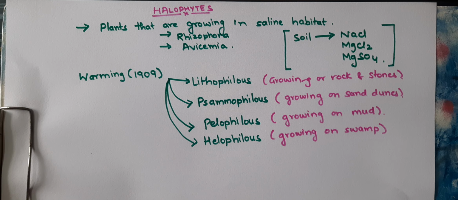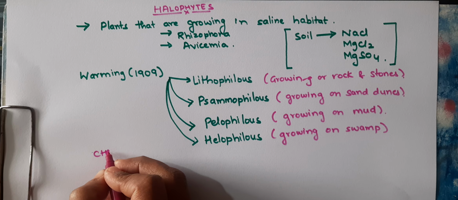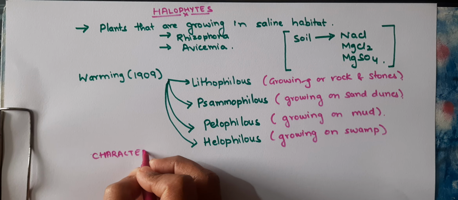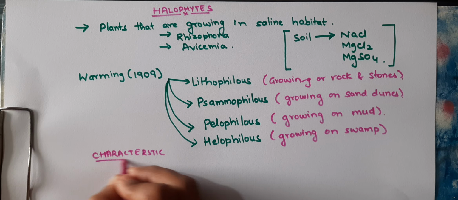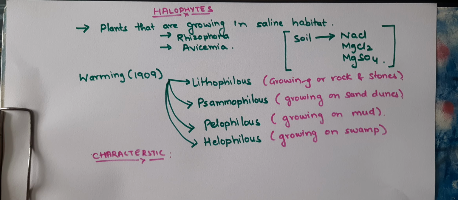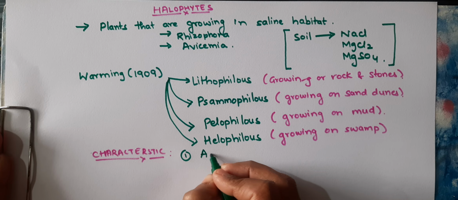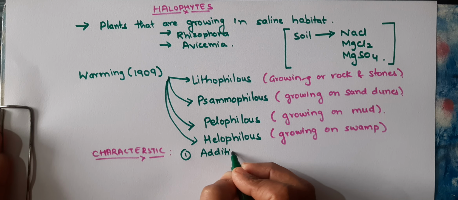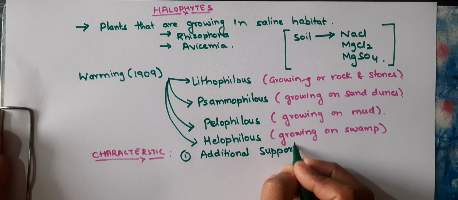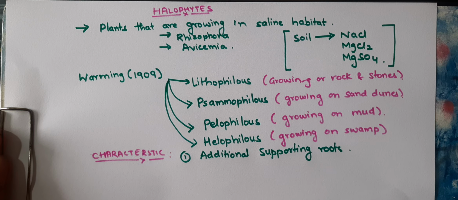So what are the characteristics of halophytes? If you see a plant, how will you tell that it is a halophyte? Halophytes in general have additional supporting roots. This is the first characteristic of halophytes.